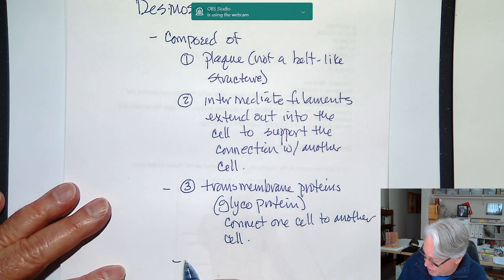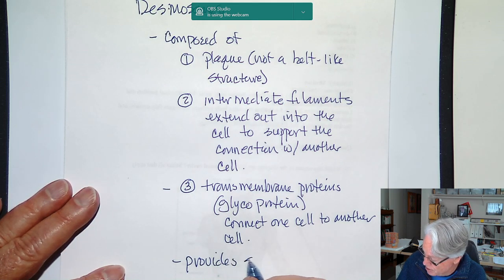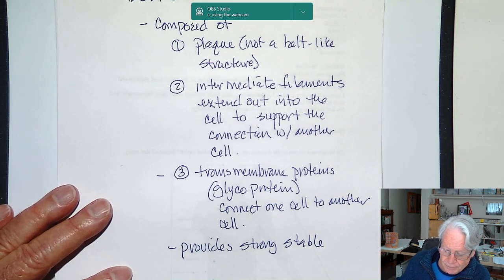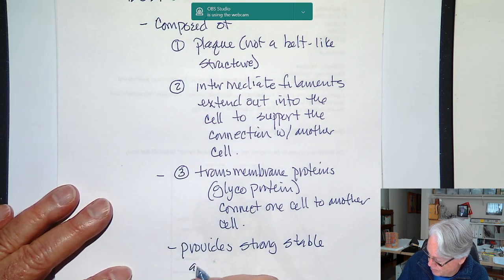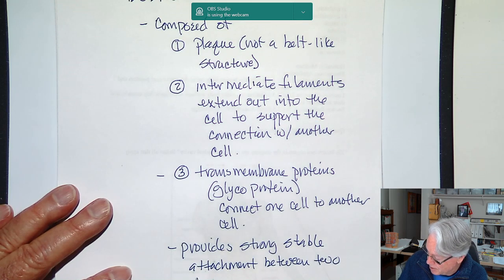So this provides a strong, stable attachment between two cells.